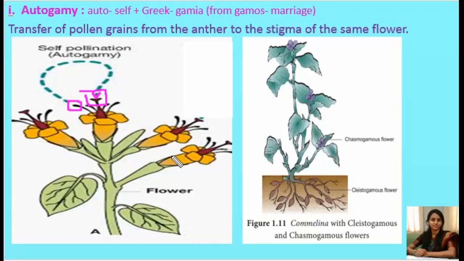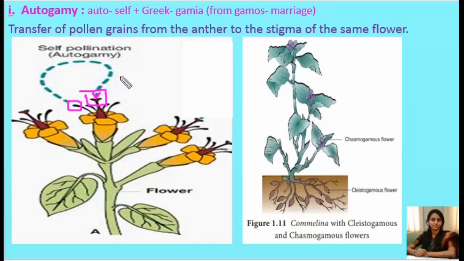Before discussing the conditions which are required for autogamy, here we need to remember this type of pollination occurs in the same flower, and usually it takes place in the normal flower, where the normal flower opens and exposes both anther and stigma.